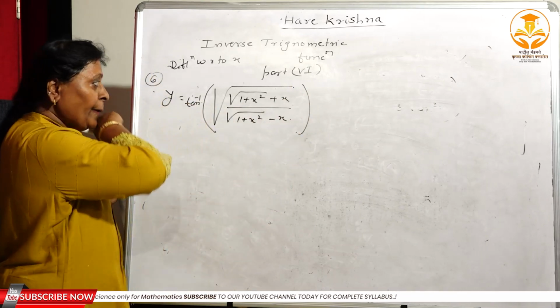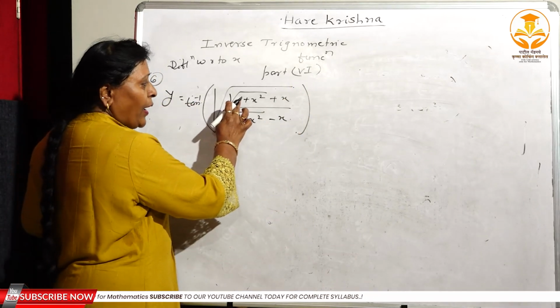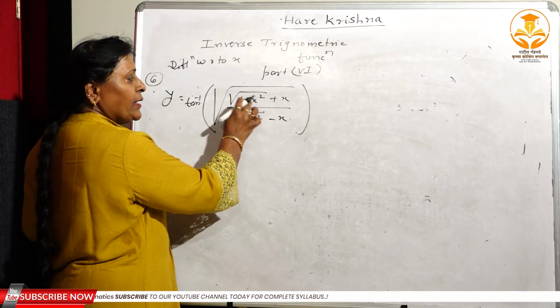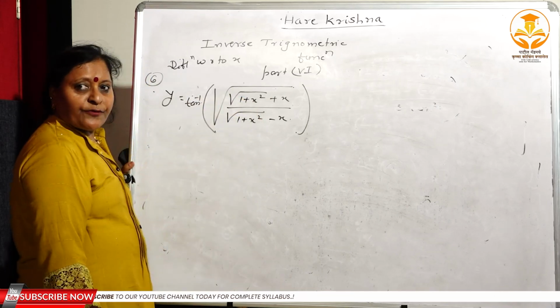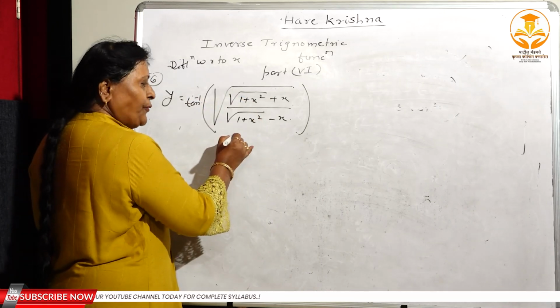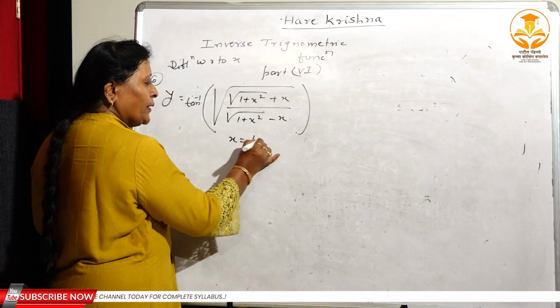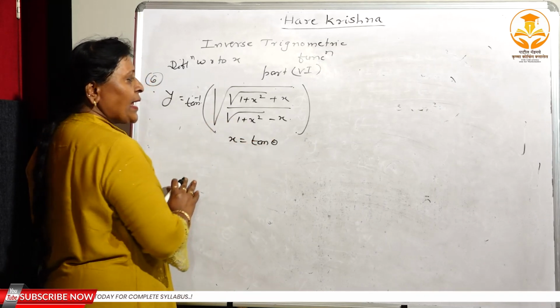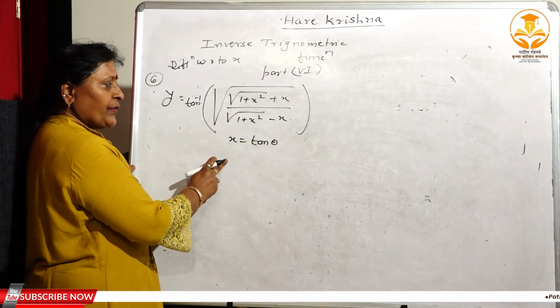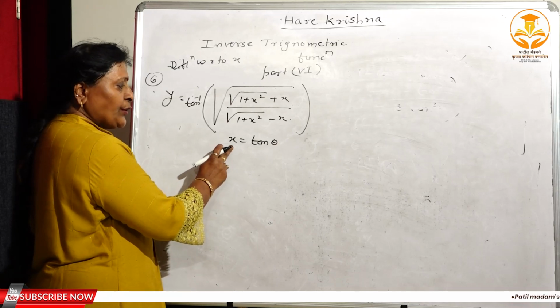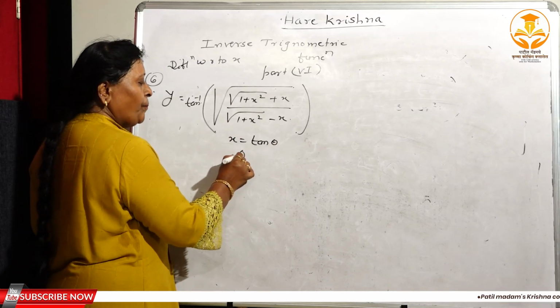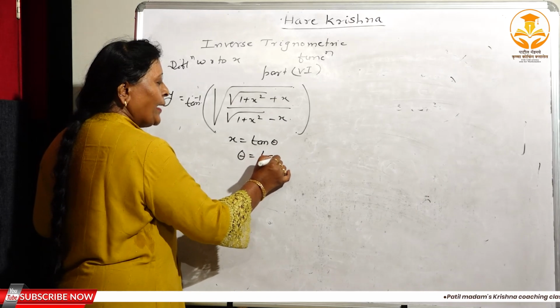Again what can you do? I have already told you, whenever there is a 1 plus x square, what can you substitute? If you substitute x is equal to tan theta, then 1 plus tan square theta is equal to sec square theta. Right? Therefore, substitute here x is equal to tan theta, therefore theta is equal to tan inverse of x.